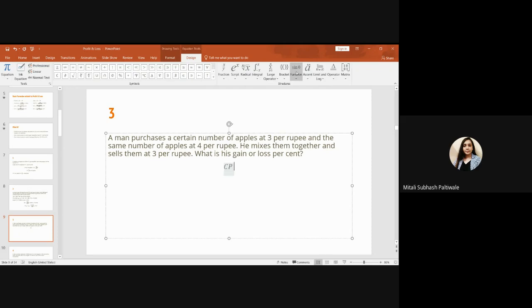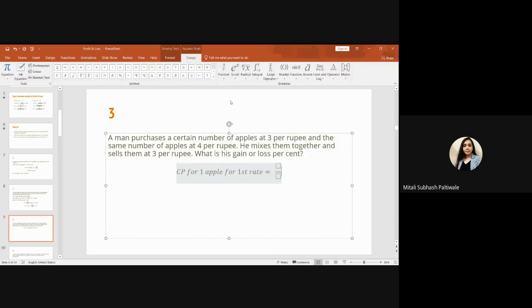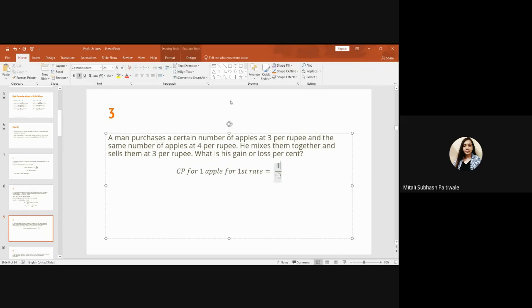CP for one apple at the first rate, the one which is 3 apples for rupees 1. So this will become rupees 1 by 3.